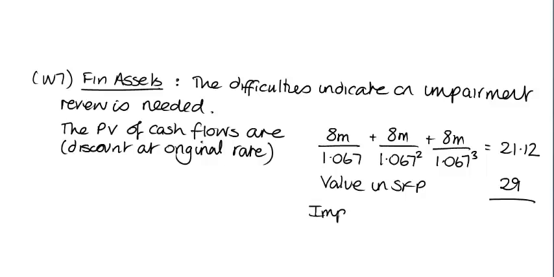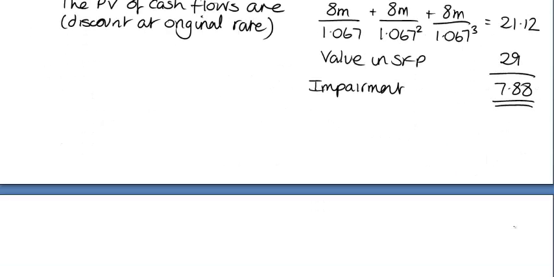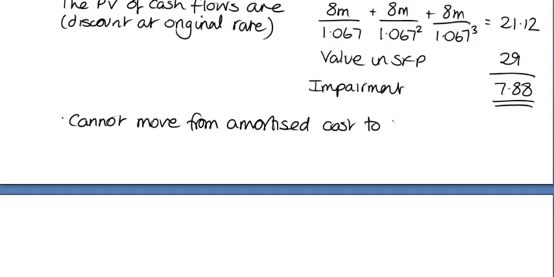So our impairment is 7.88 million. Now it says in the question, traveller wishes to value the loan at fair value. We cannot move from amortized cost to the fair value model because the business model has not changed.